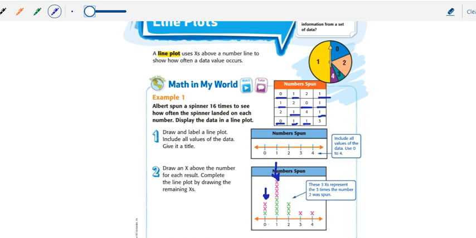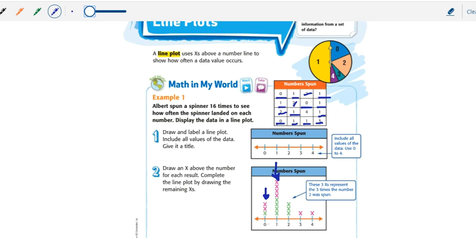Now, number 2, let's see, number 2, 1, 2, and 3, so that's why there are 3 x's over the number 2. Now, how about the number 3? How many times did the number 3 appear? Only 1, so that's why there's 1 x over the number 3. Remember to draw only 1 x over the number 3.